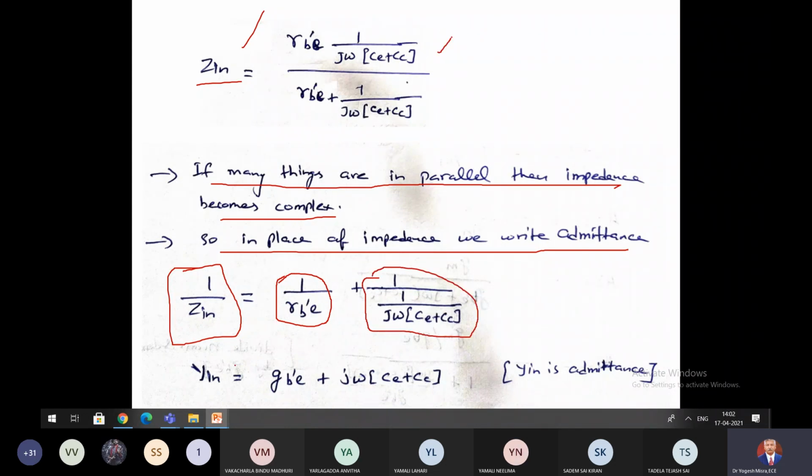You can do this by yourself. And 1 by Zin is your admittance. 1 by RB'E in terms of conductance is GB'E. And this term is written as jω(CE+CC).